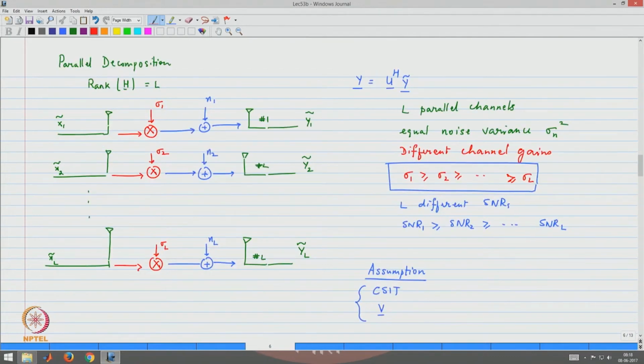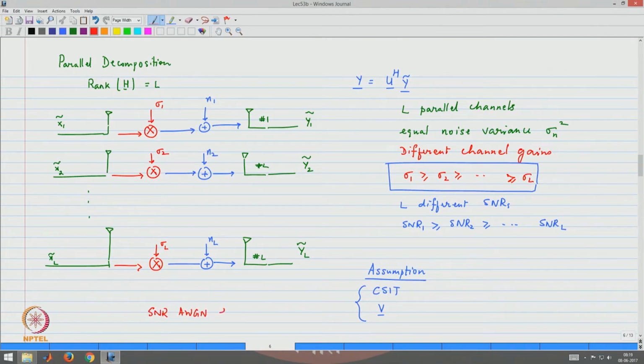In the context of the parallel decomposition, if you for a moment omit the channel gain sigma 1 and think of it as just an AWGN channel, the SNR would depend on the signal power that is transmitted over the noise power, and we denote that as the SNR of the AWGN channel, basically without the sigmas in place.